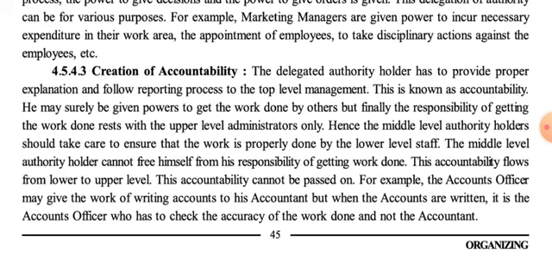And in the second case, if the work is not done within the stipulated time, then the account officer is answerable to the top level authority and not the accountant, because that particular task is assigned to the account officer and not to the accountant regarding the completion of the task.